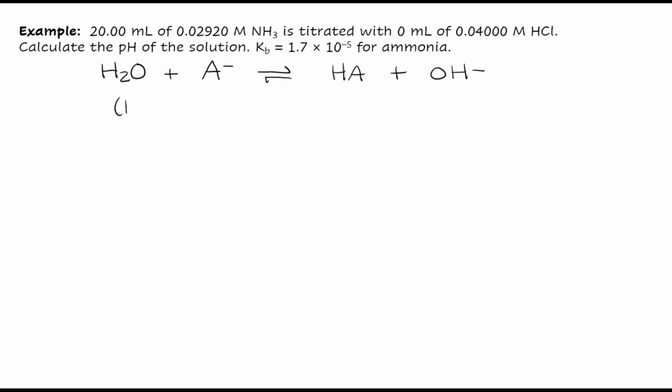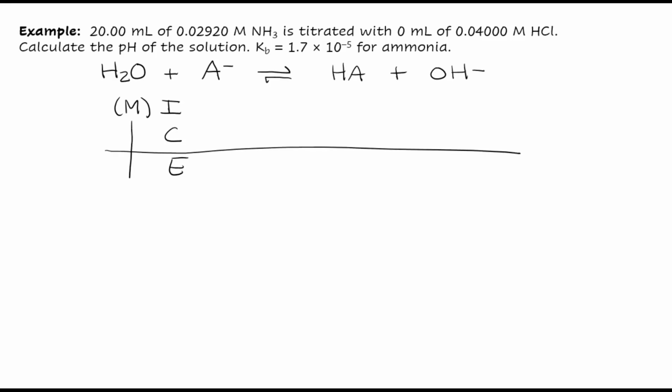This is an ICE table, so our units are molarity. Our rows are set up as initial, change, and equilibrium. We're starting with 0.02920 molar A-, and our initial values of HA and OH- are 0.